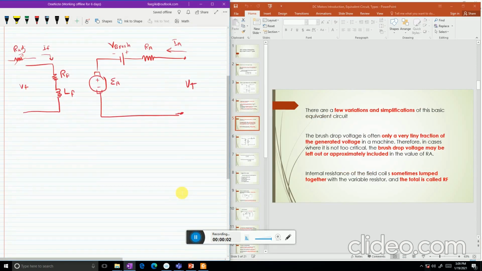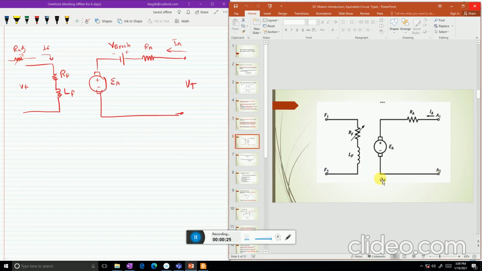There are a few variations and simplifications of this equivalent circuit. One simplification is that we can ignore V brush, as its value is very small in some cases, and the adjustable resistance is sometimes lumped with RF. Now the equivalent circuit of the DC motor is simplified and looks like this.